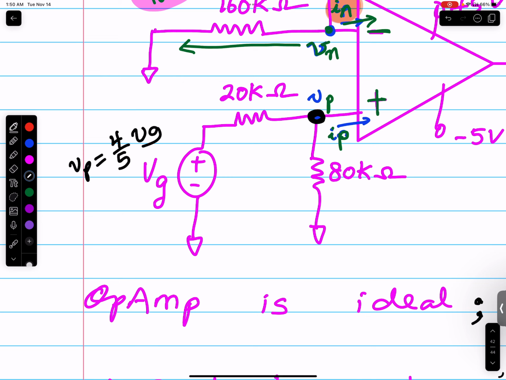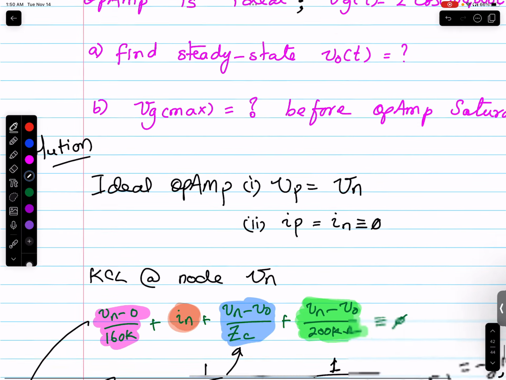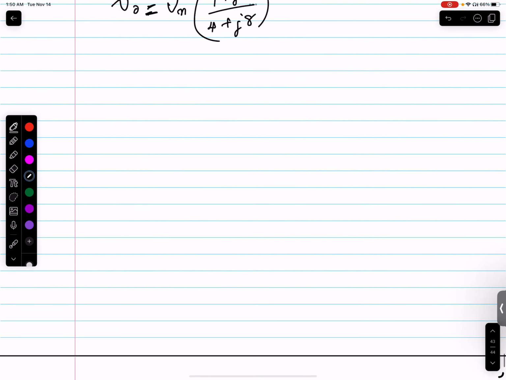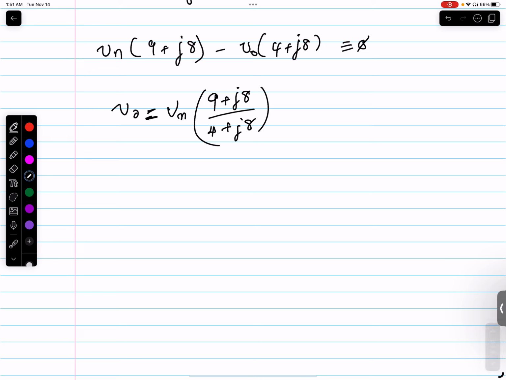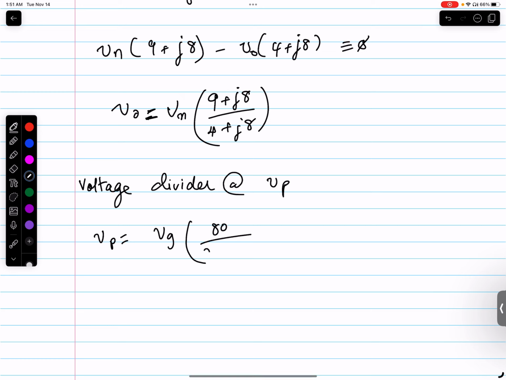It's a voltage divider. I'm going to nonetheless write it out. Voltage divider at Vp. Vp is Vg into 80 by 80 plus 20k.